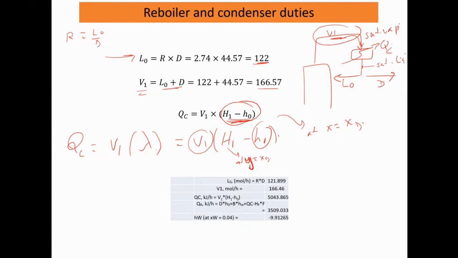Now I have QC, how do I get QW, or reboiler duties? You know the column, it's like this one. This is feed, and this is H feed. And this is the QC, and this is D, with H0.